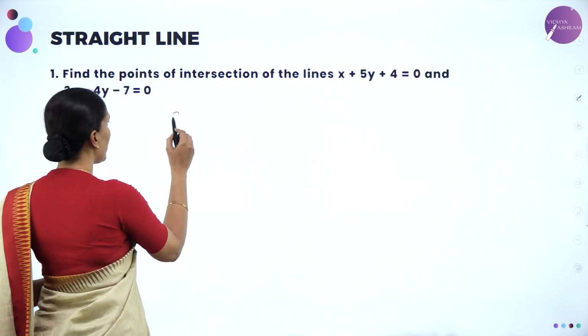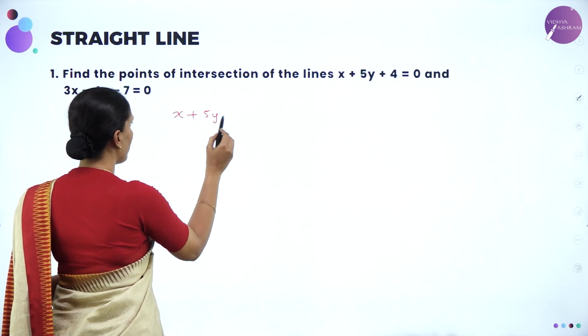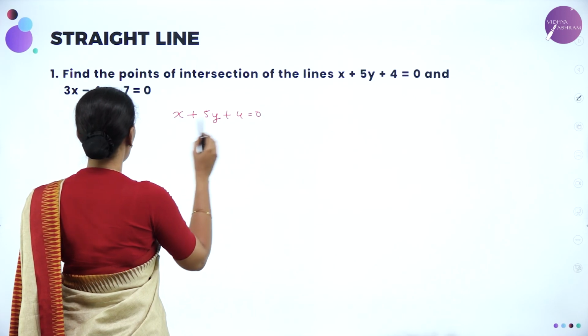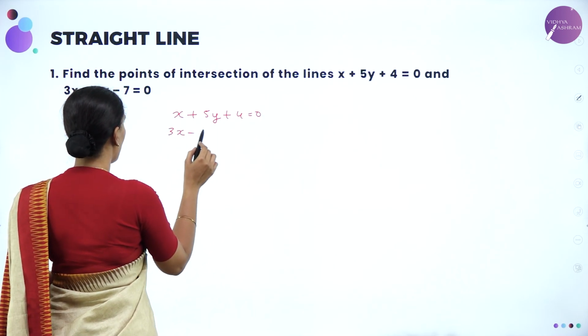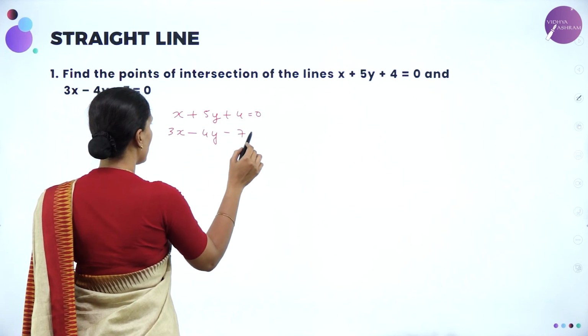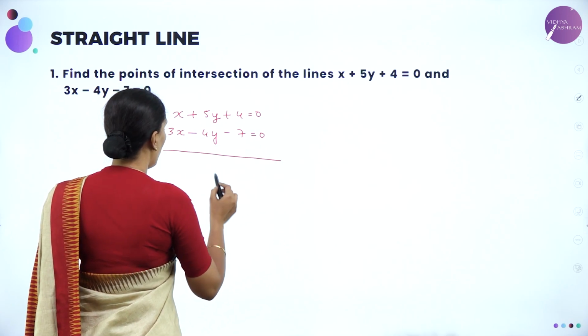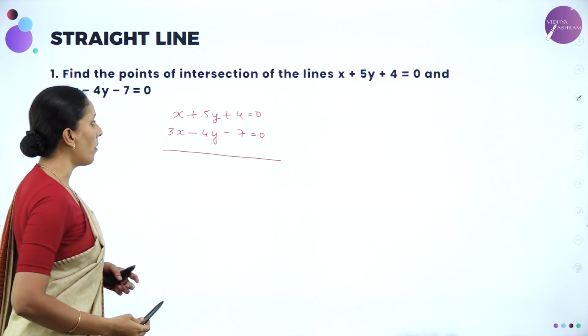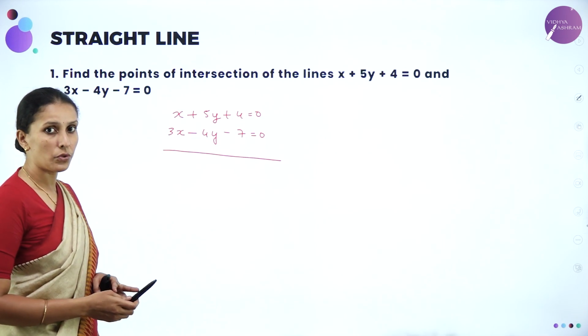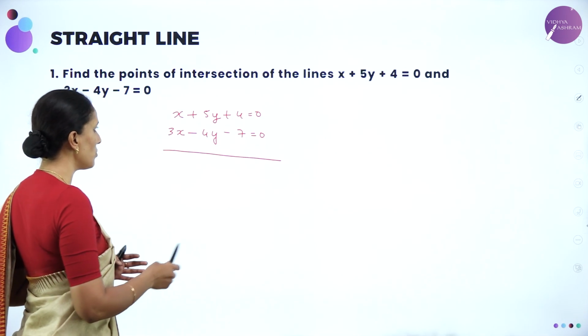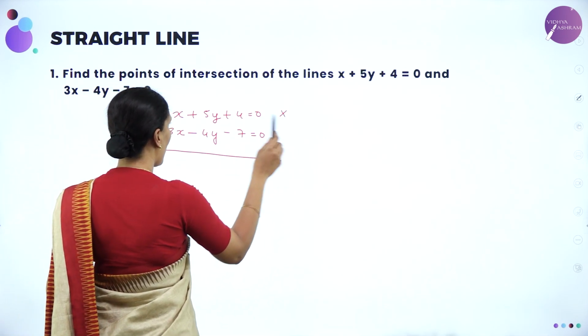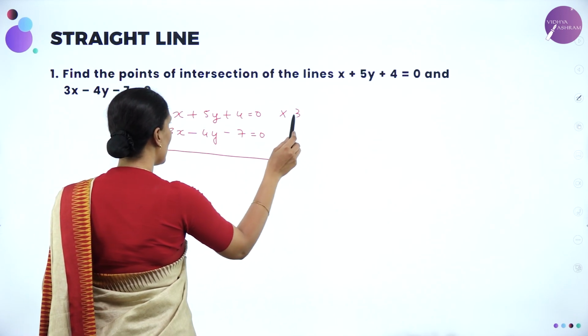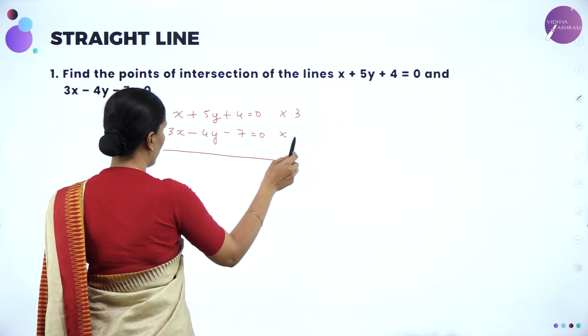So here we have x plus 5y plus 4 is equal to 0 and 3x minus 4y minus 7 is equal to 0. We do not have any common coefficients to add or subtract these equations. So I'll multiply the first equation by 3.